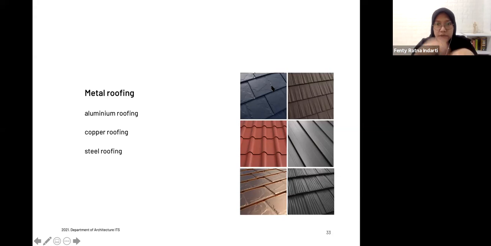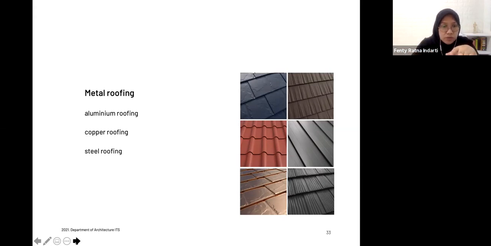You produce it in a factory, but again, there are usually small differences, and you have to match it. While for metal roofing, it's definitely the same. So developers and designers nowadays are more interested in using metal roofing because of that.